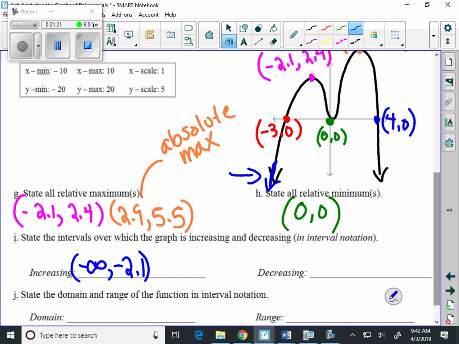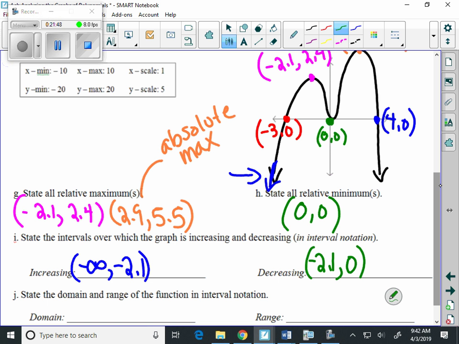The x values when we're looking at the increasing. When we get to the purple point, we're going to go from the purple point to the green point. And when we go from the purple point to the green point, we're going down and down and down and down. So now that's going to be a decreasing. It's going to be negative 2.1 to 0. They look like ordered pairs, but we do have them in interval notation.